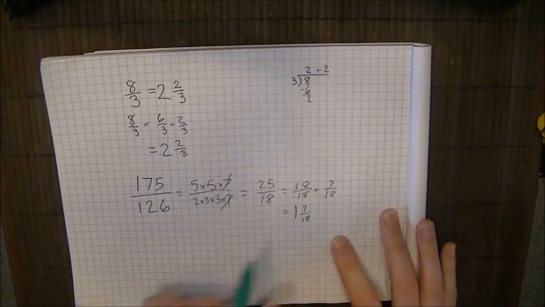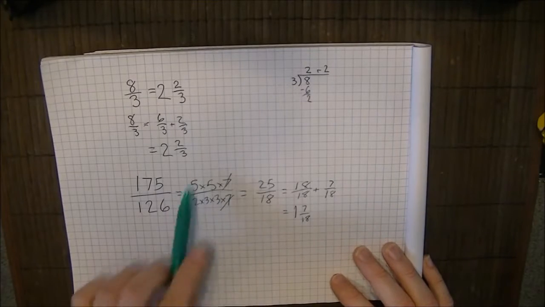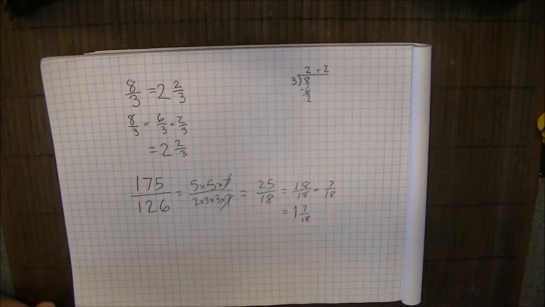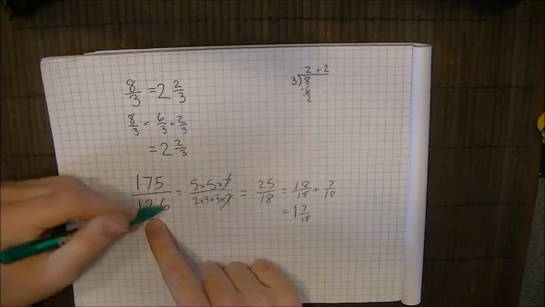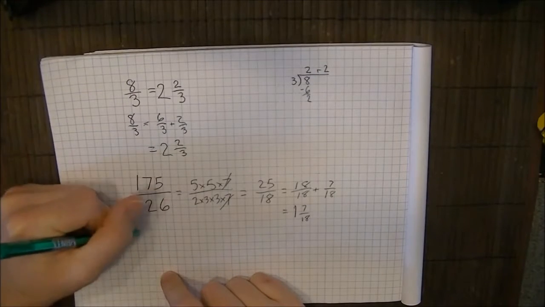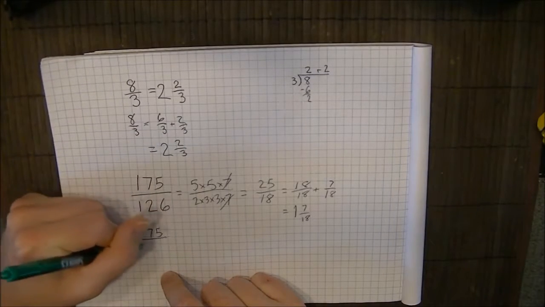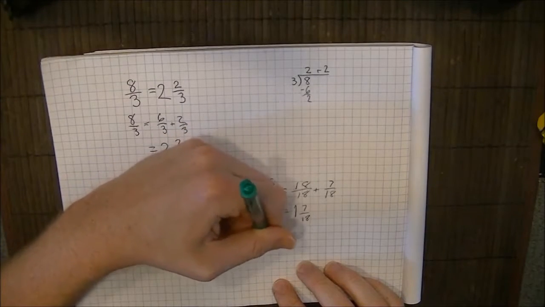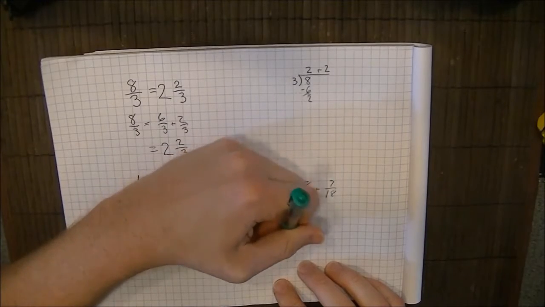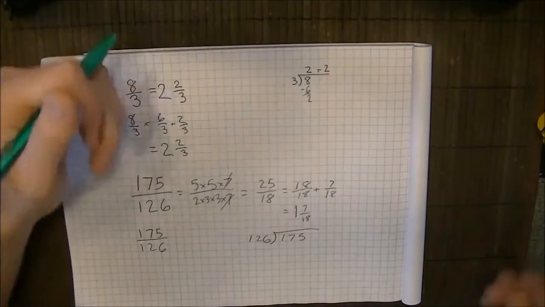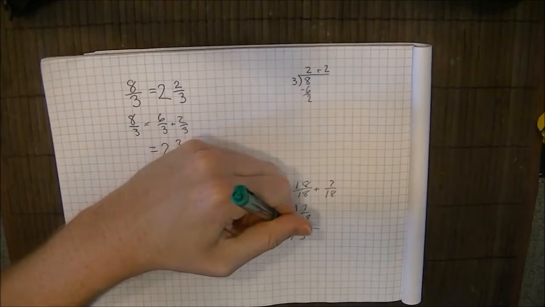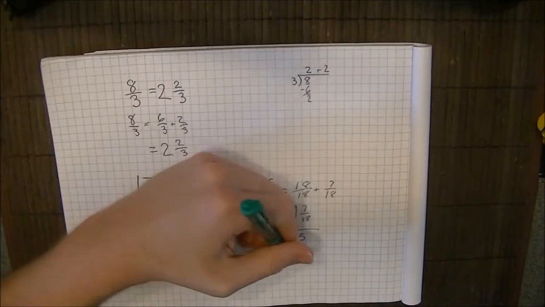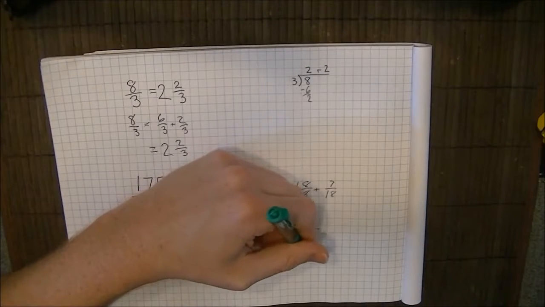Now, okay, that's good. Let's say that you're a little bit worried about this prime factorization. Okay, not a problem. We would have to start from scratch here. So 175 over 126, and I'm asking the question, hey, 126 goes into 175 how many times? Well, it's still 1, right? So 1 times 126 is 126.